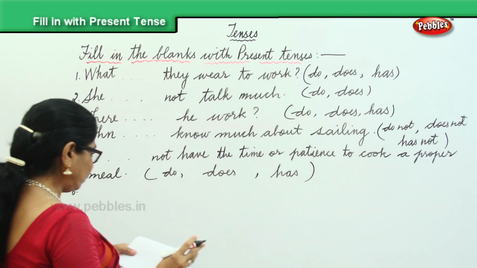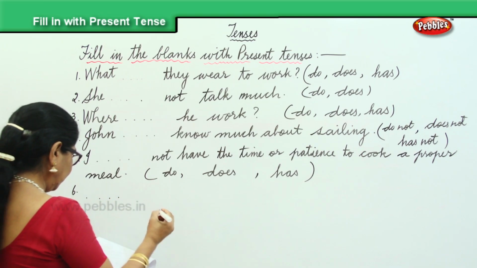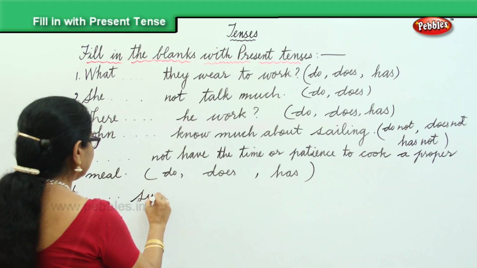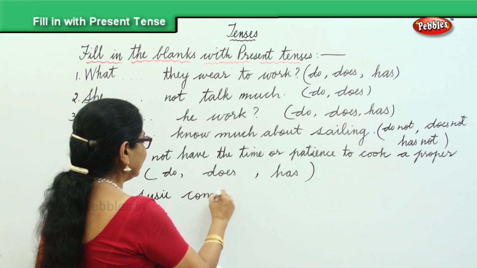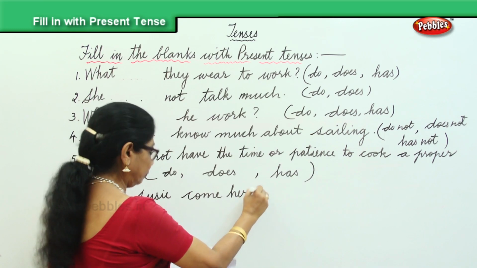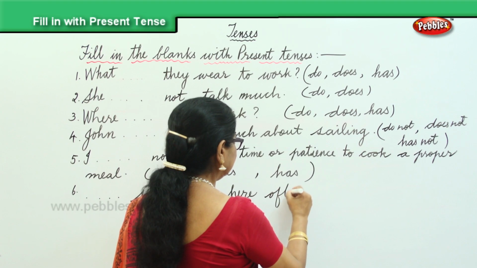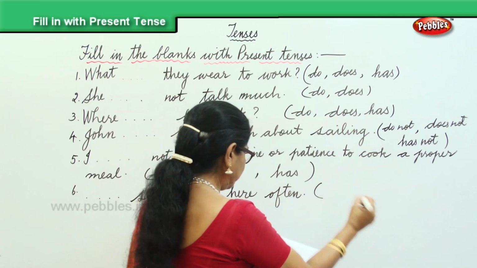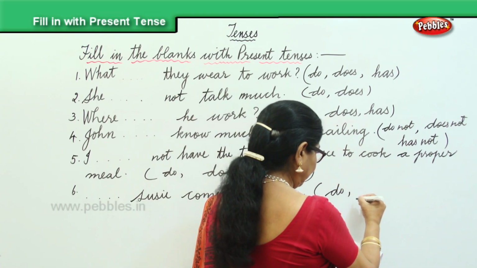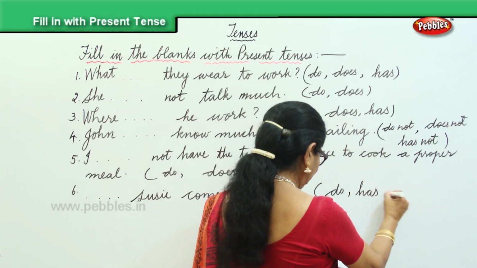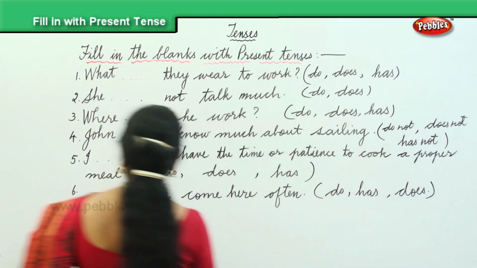Next one, dash Susie come here often? And the verbs to choose from are do, has, and does.